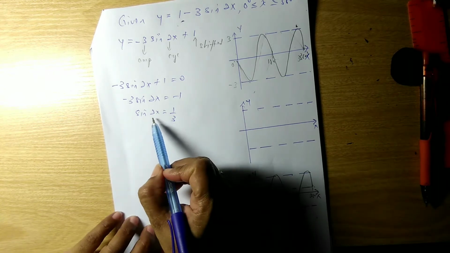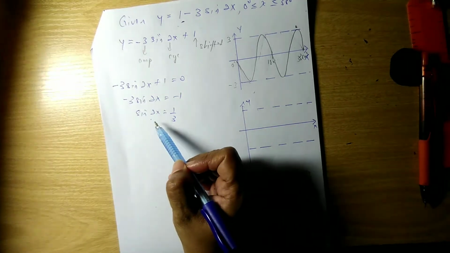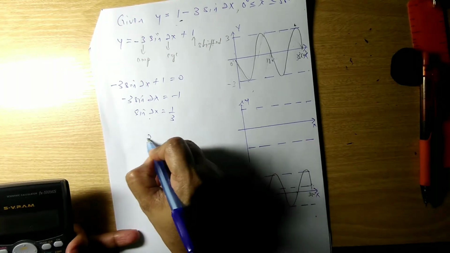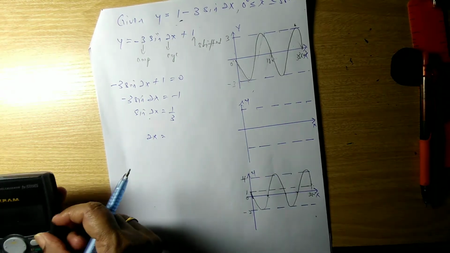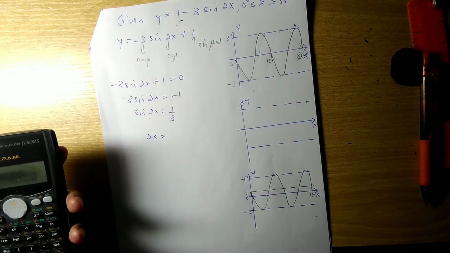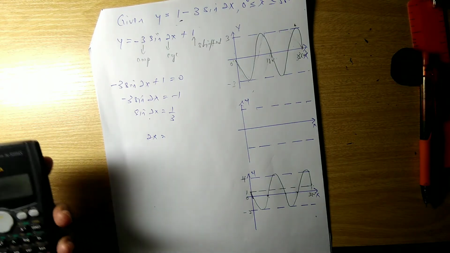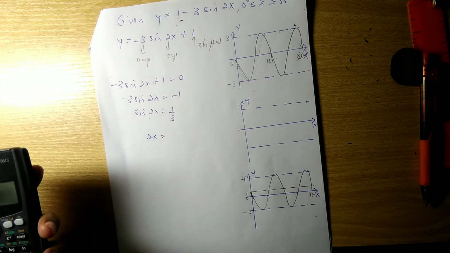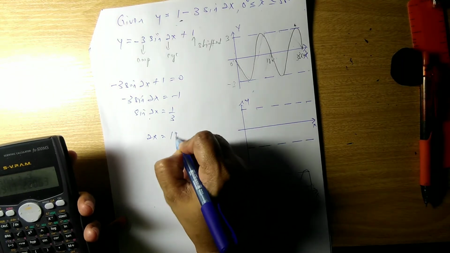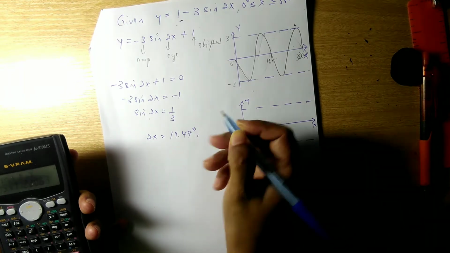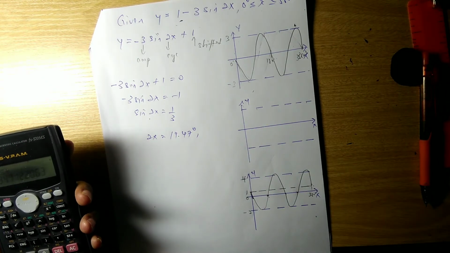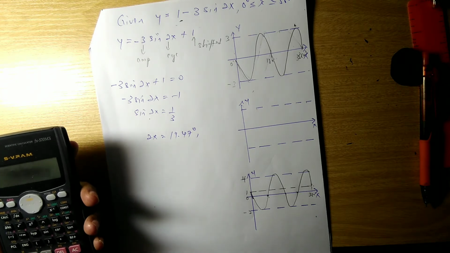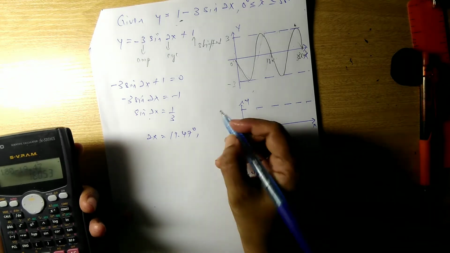To find 2x, my first value will be shift sine 1/3. I get 19.47. Then it is 180 minus 19.47, so we get 160.53 degrees. Now this is one cycle.